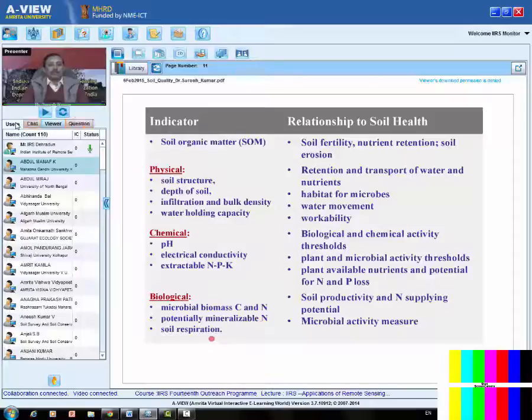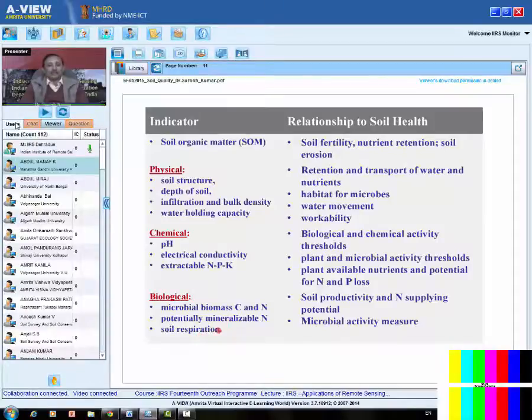We also study soil respiration. From soil respiration, CO2 is released. But who is doing soil respiration? The microbes present in the soils. So soil respiration is a direct indicator of the total microbes present in the soils. If respiration is high, then we can say soil quality is good.